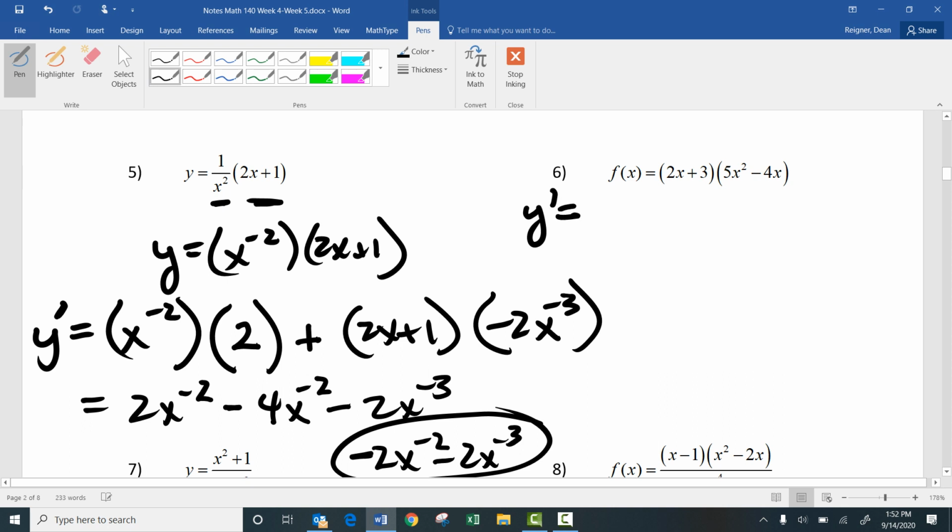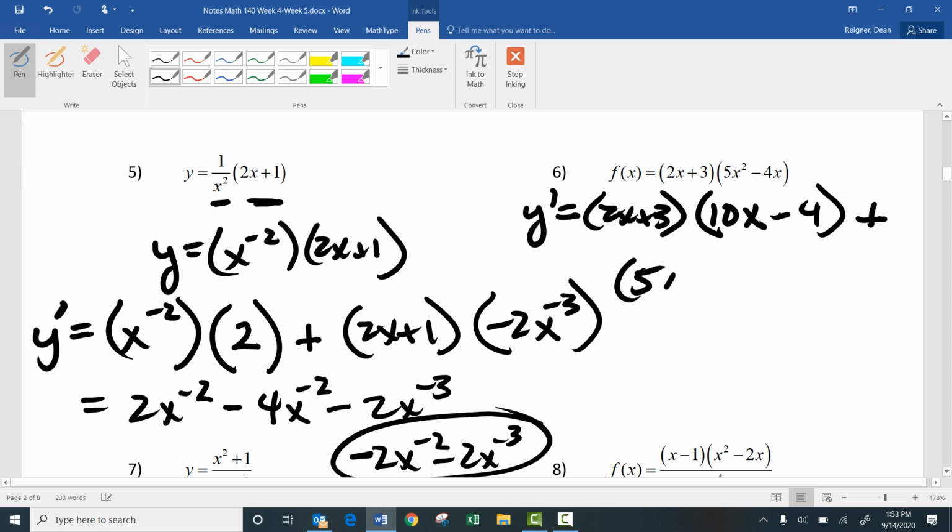Y prime, first guy, derivative of the second guy. 10x, derivative of that is 10x, minus the derivative of 4x is 4, plus second guy, derivative of the first.